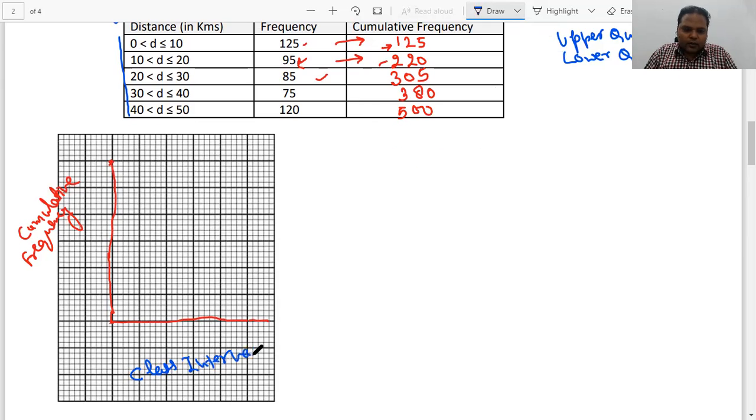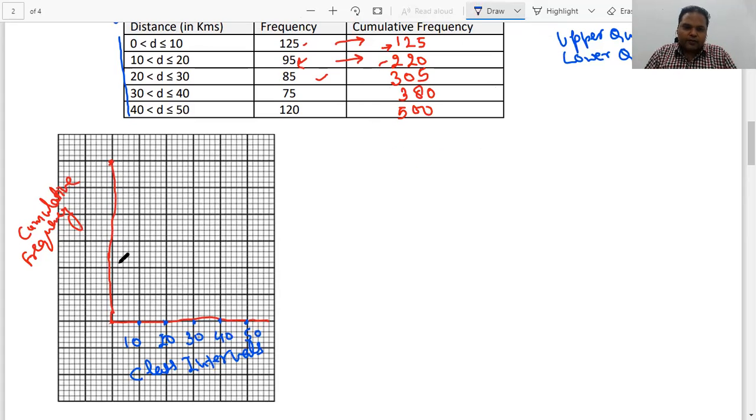Okay, now we will first mark the class intervals, at the interval of 10. So we'll take the width as 10, and this is 20, this is 30, this is 40, and this is say 50, right?